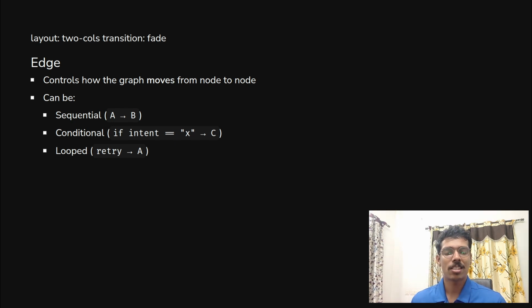Without the edges, as you can imagine, the flow will always be sequential. Like I said, the flow is controlled by the edges itself. If you are not stating the edge from one node to another, that particular flow won't be kept in the LangGraph.